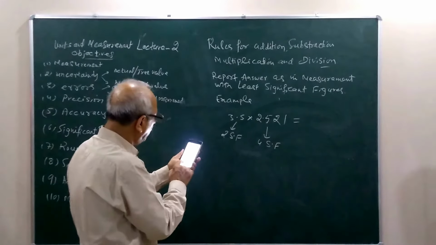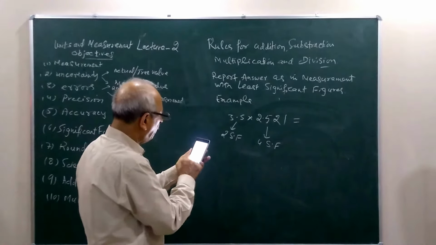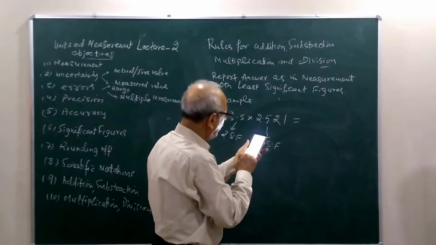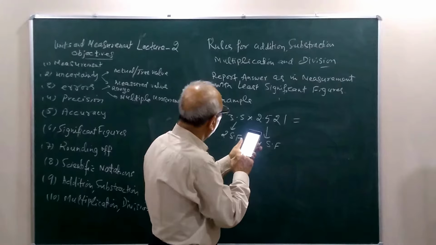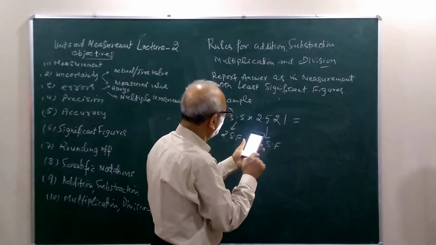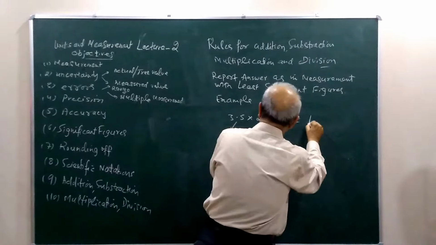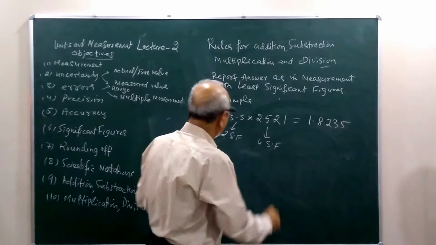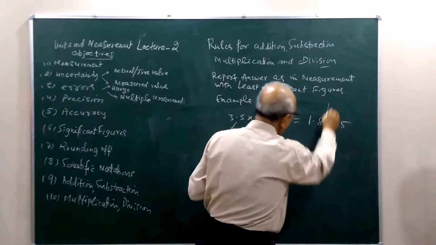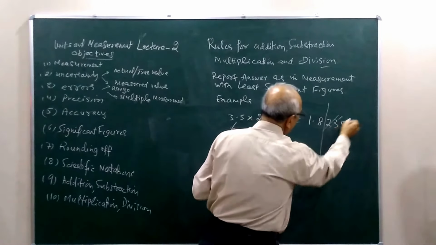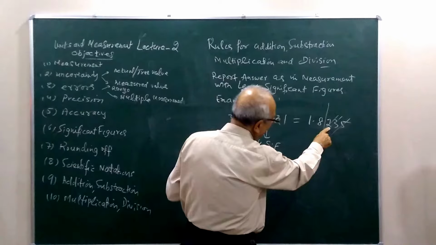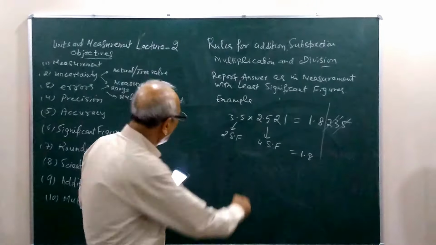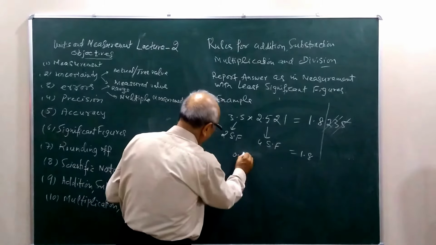I have 3.5 multiplied with 2.521 equals 1.8235. But I have to report it only to 2 significant numbers. These are not required. Here this value is less than 5. The answer is 1.8.